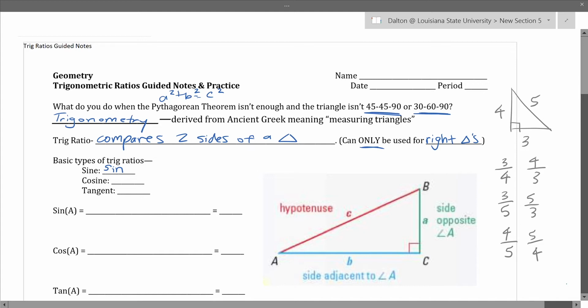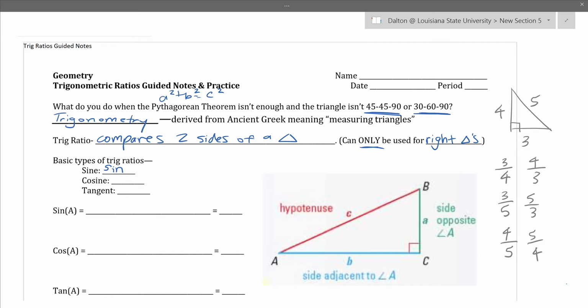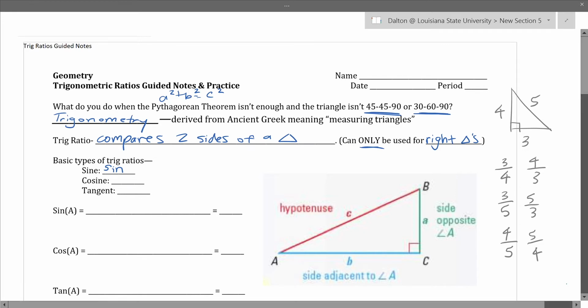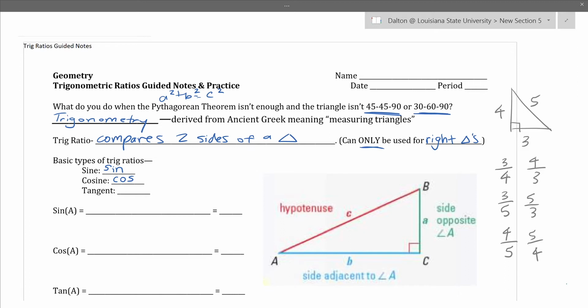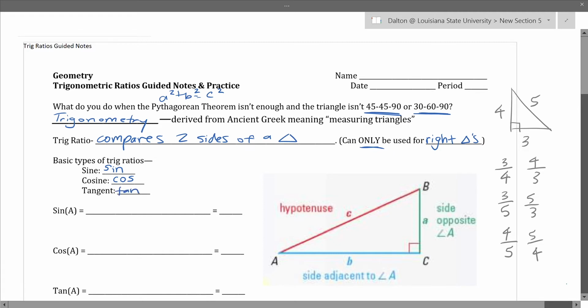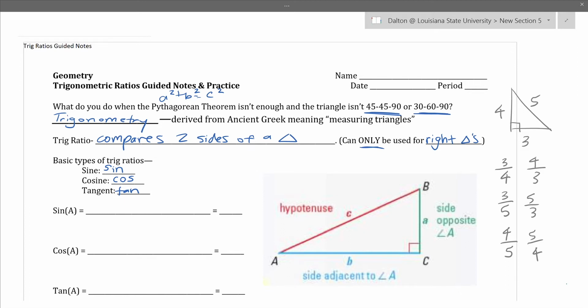Don't say sin. Cosine you can abbreviate as C-O-S. Again, if you see C-O-S, we say cosine, don't say cos. And tangent can be abbreviated as T-A-N. These three abbreviations you may see as the buttons on your calculator just above the numbers. Now we're actually going to learn what they are and how to use them.